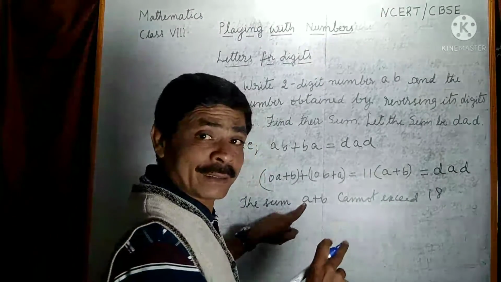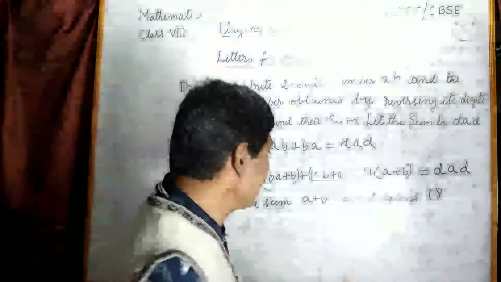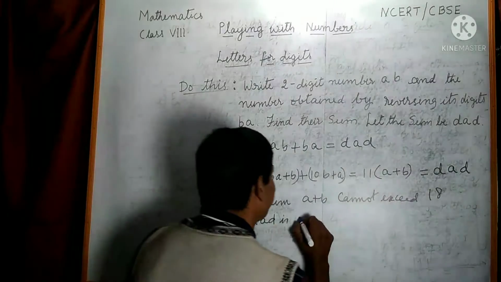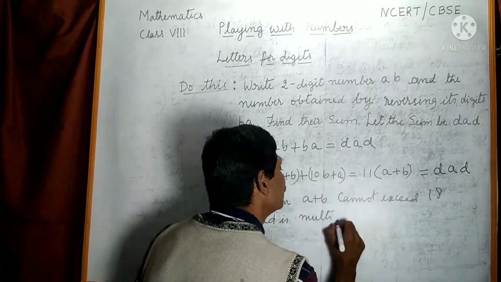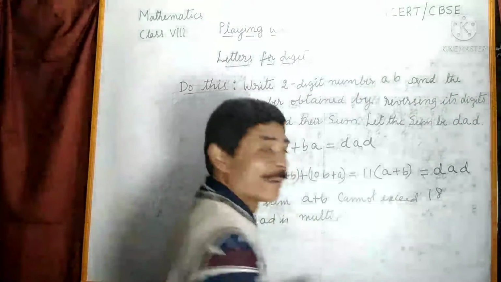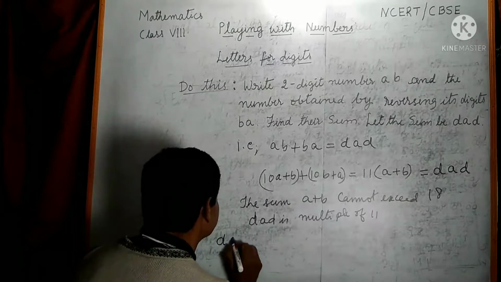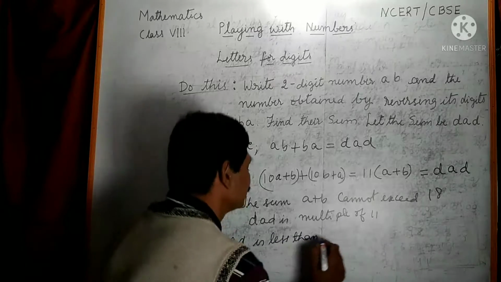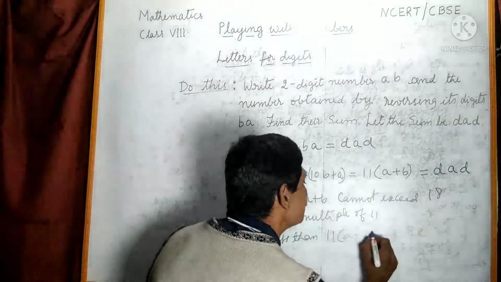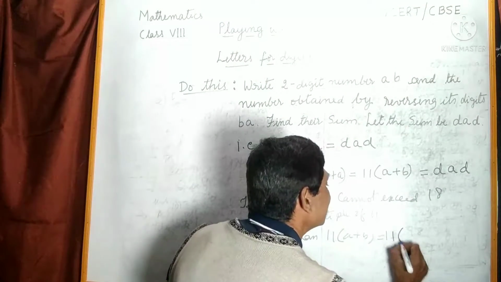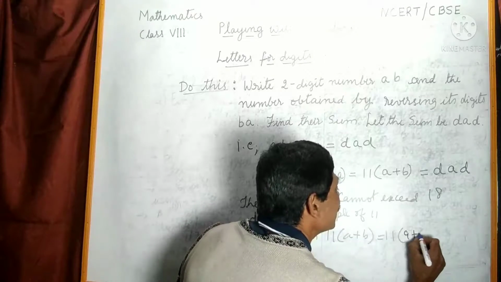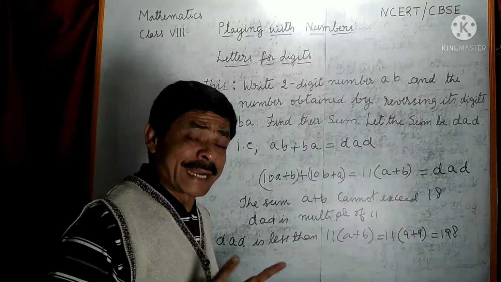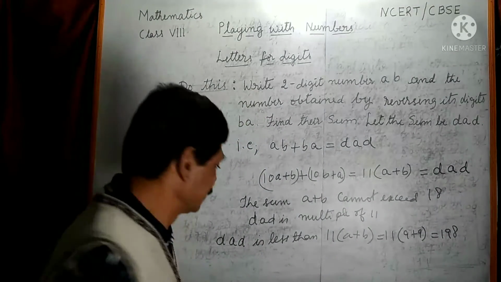A plus B should be maximum 18 and DAD is a multiple of 11 and less than 11 into 18, which is 198. Therefore, let us write the 3-digit multiples of 11.